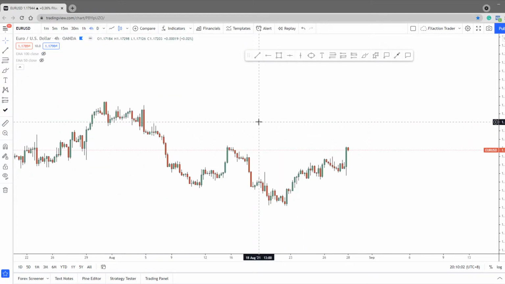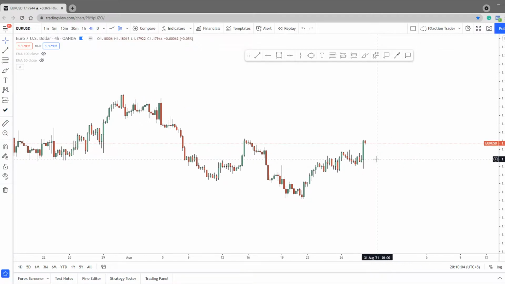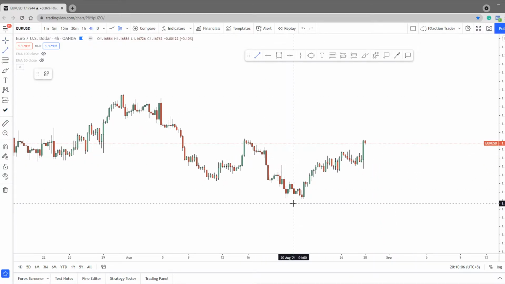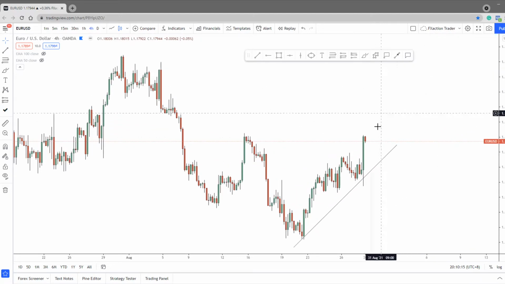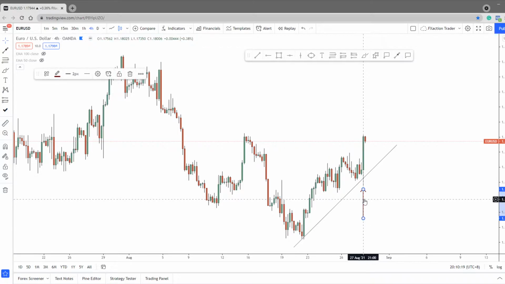And if we look on H4, we can see that market is now currently in a clear uptrend where market has been doing higher highs and higher lows along the way. And we can see that there is a strong engulfing candle here before the market closed.